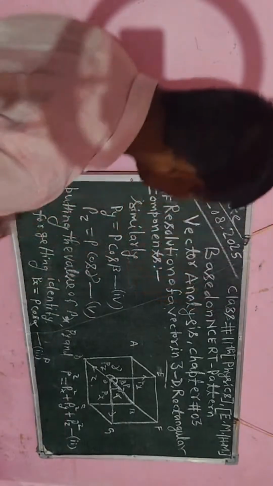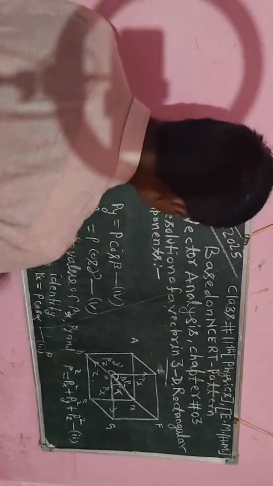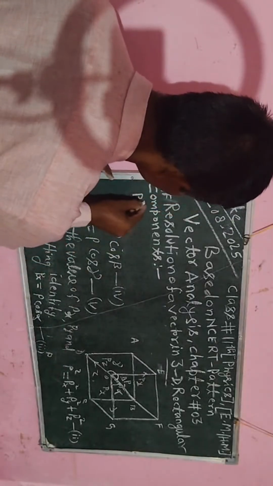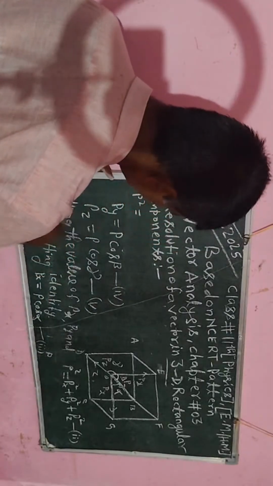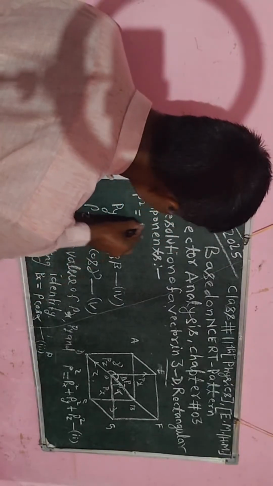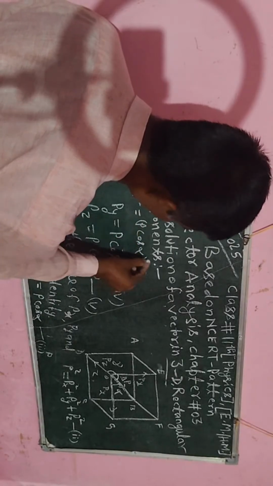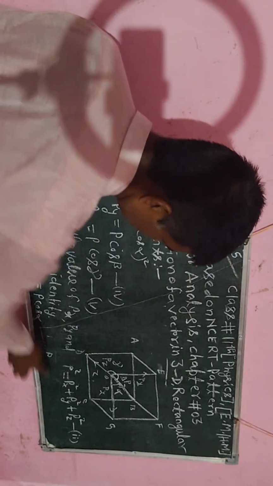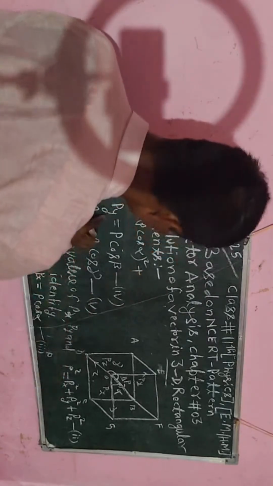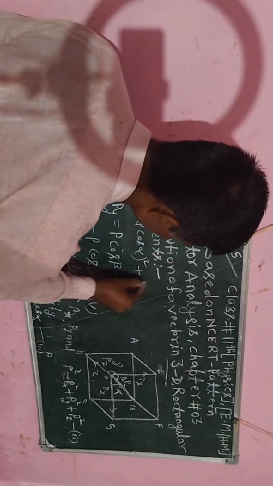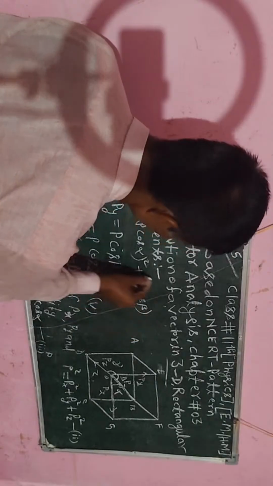In the place of p, I will write here p square, and in the place of px, px is p cos alpha whole square. Then I will write the value of py. Py is equal to p cos beta, p cos beta whole square.